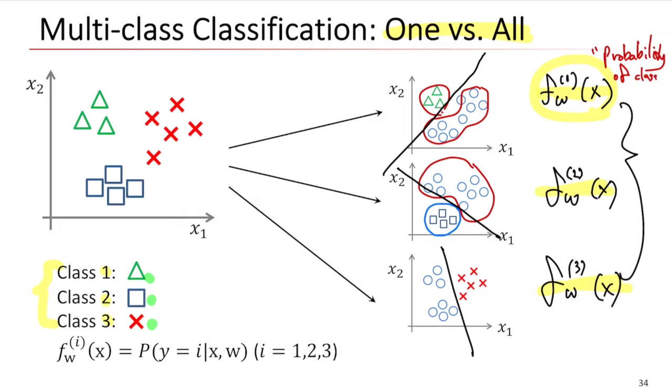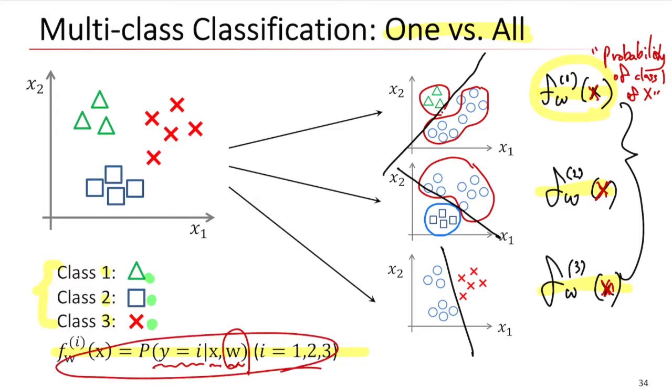Of class 1 given X. So it means we have an input variable vector X, and we want to find the probability for this input X. Then we can say this is the probability of class i of the input X with the trained learnable parameter W. So from this, we can determine the probability of each class.